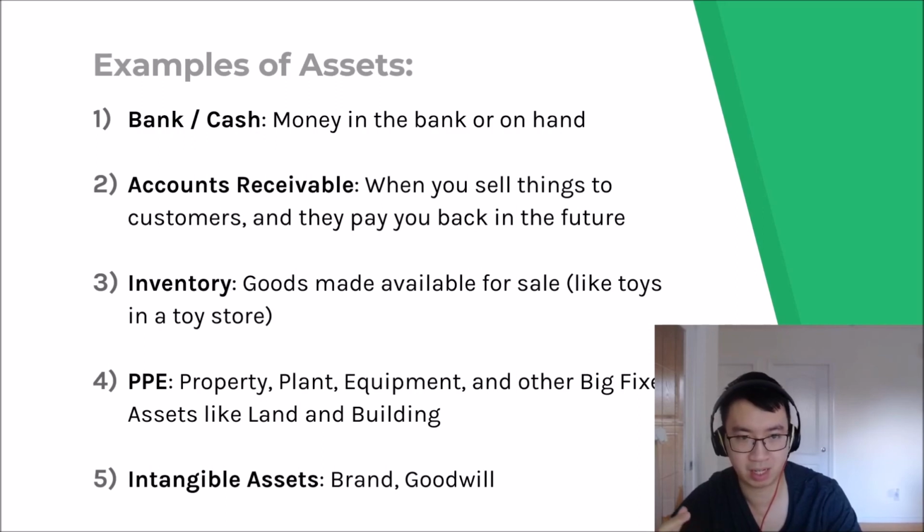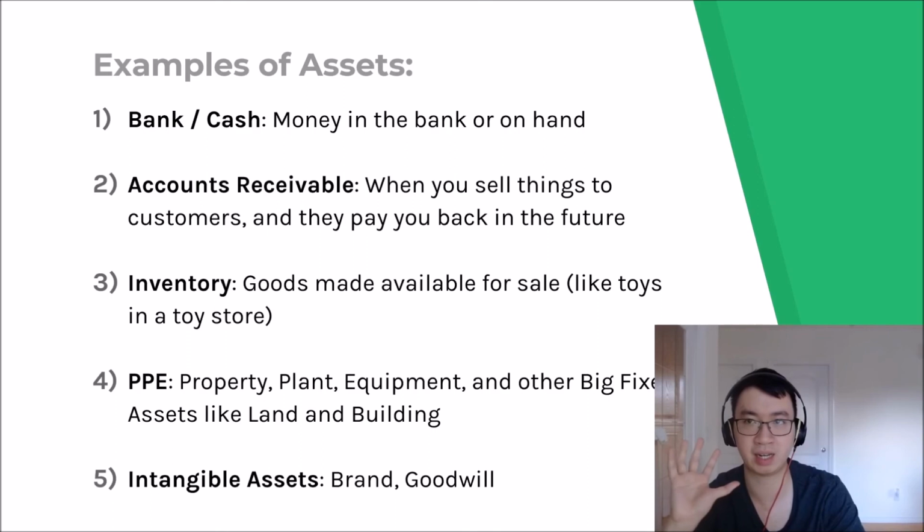Some companies have a lot of brand and goodwill, such as big companies like Walmart, Costco. People associate some good connotations and value with the brand, and the name itself possesses some value, and we can sort of put a monetary value on that. So these are things that a company can own.